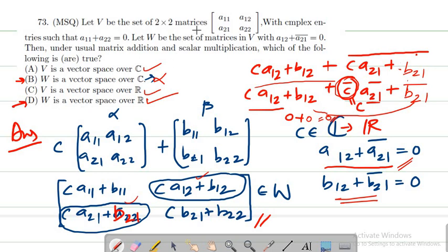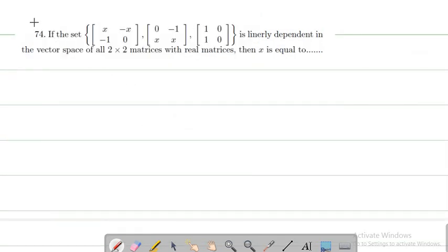So now I think we can move on to the next question. Here we have yet another interesting question in which we are asked to find the value of x for which this set is linearly dependent. This is kind of a simple question. We will just use the definition of linear independence and dependence.